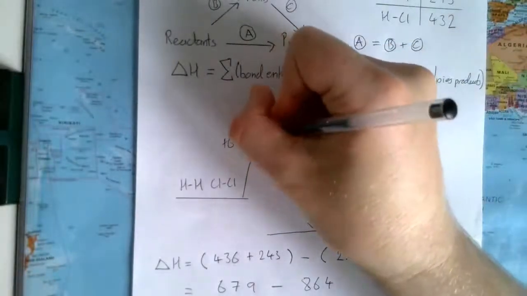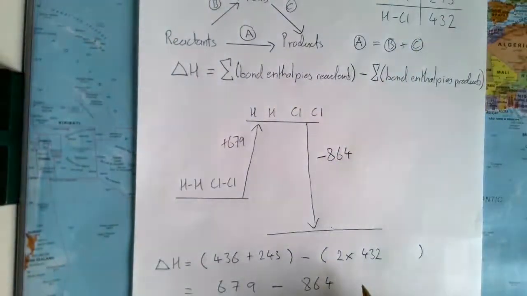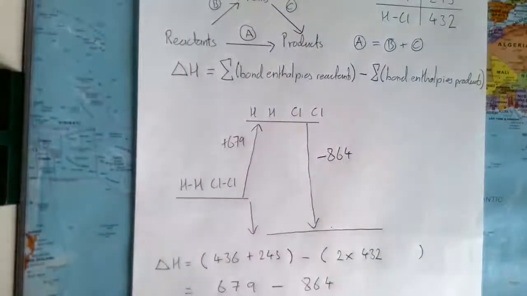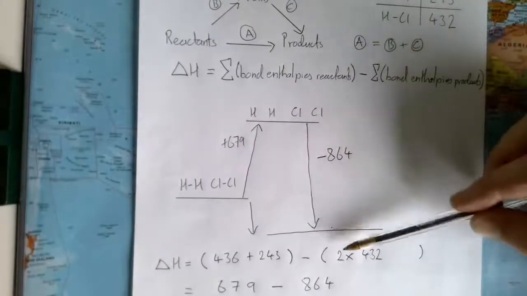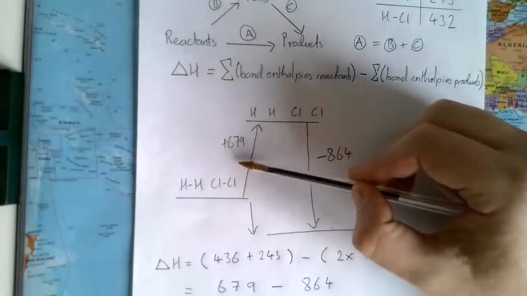This is plus 679, this is minus 864, which means that the overall reaction is going to be exothermic. More energy is released forming bonds than is required breaking bonds.